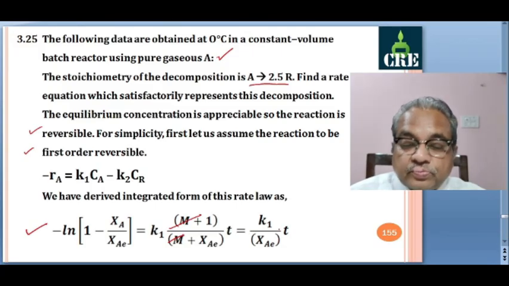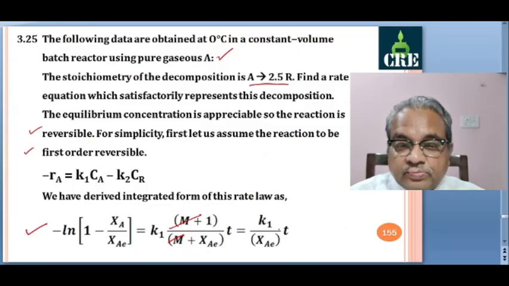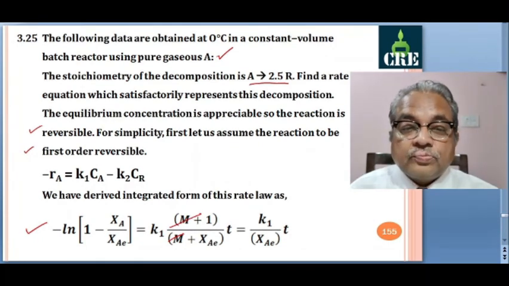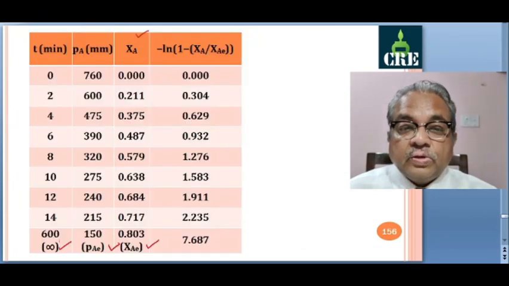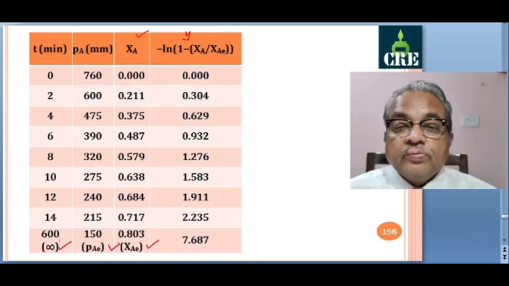So what we will do, we will make y equal to mx plot, no y-intercept. Now we will obtain the data. XA can be obtained from 1 minus PA by PA0. We want on the y-axis minus ln of 1 minus XA by XAE. The XAE value is known, that is 0.803.